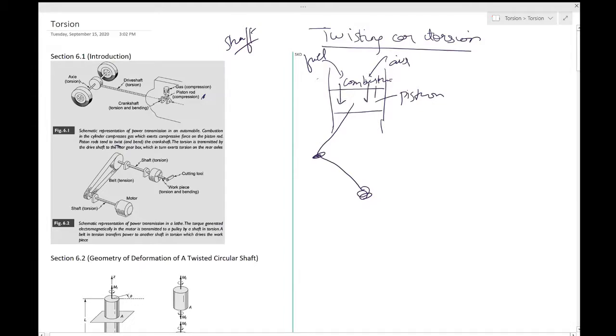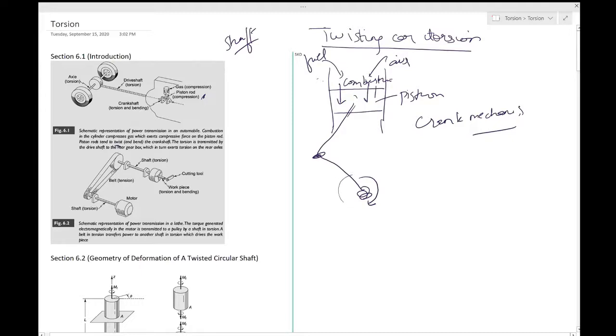Then there is this crankshaft assembly, called a crank mechanism. The way this works is that as the piston moves down, there is a certain rotation over here, and again then it goes up and completes the cycle.